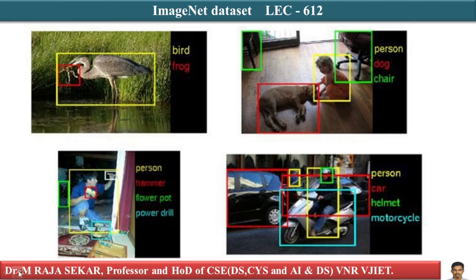You have a bounding box for frog, a bounding box for bird. You can see bounding boxes for person, car, helmet, motorcycle. Very interesting dataset actually. So ImageNet literally became the benchmark dataset against which everybody is competing.